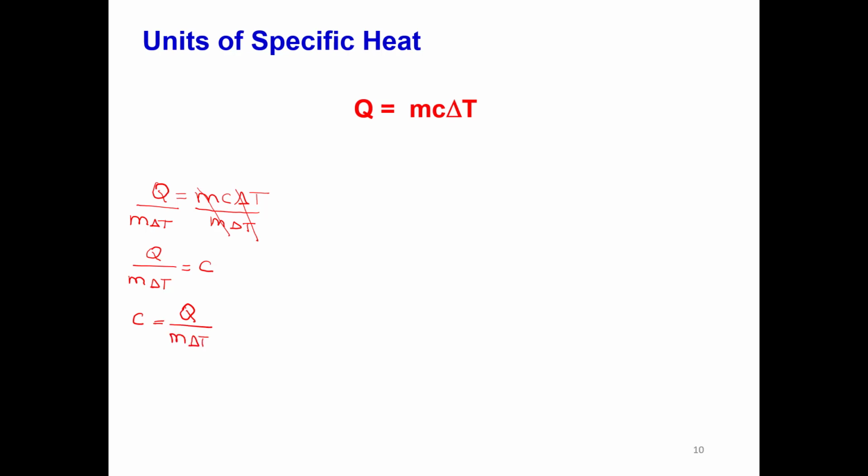Now let's see what the units are. We know the unit for heat is cal, the unit for mass can be grams, and the unit for change in temperature is degrees Celsius. When we are talking about units, we use brackets.